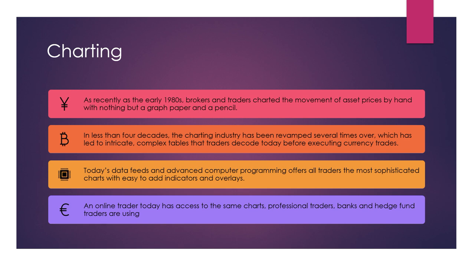So in less than 4 decades, the charting industry has been revamped several times over, which has led to the intricate, complex charts that traders decode today before executing trades. Today we have all the up-to-the-minute data, as fast as professional brokers, as fast as those guys with those great big rooms full of air-conditioned computer equipment on MS-DOS.